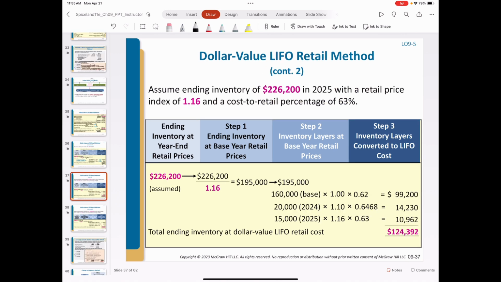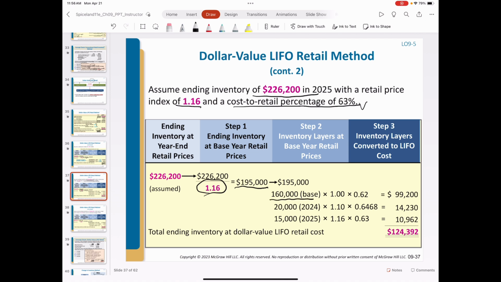Assuming next year the ending balance inventory now is 200, then price index in 2025 is 1.16, and assume the cost to retail percentage is 63%. Then again, we use the current year 2025's price index to divide the retail value of ending inventory. Then we get retail value of inventory at base year price.